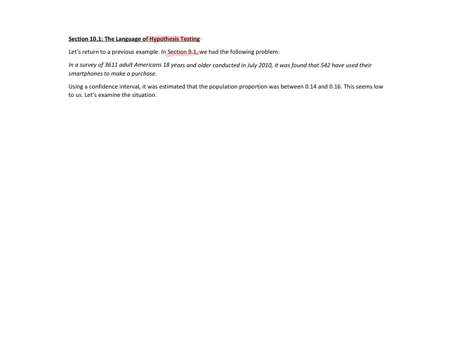And so we saw that the p-hat for this example was 0.15 for this sample, and we're thinking that it's probably a larger proportion that have used their smartphones to make a purchase. Okay, so using a confidence interval, it was estimated that our population proportion was between 0.1 and 0.6. This seems low, so let's examine the situation.